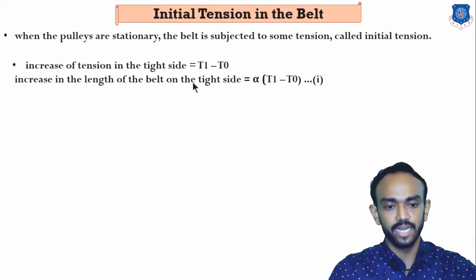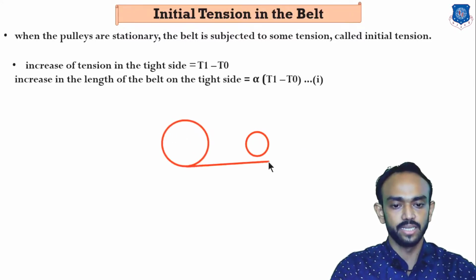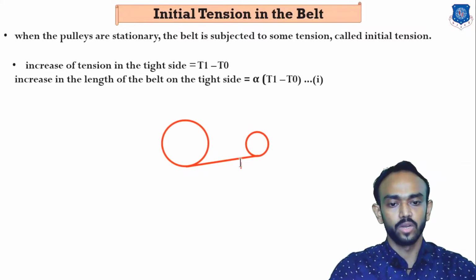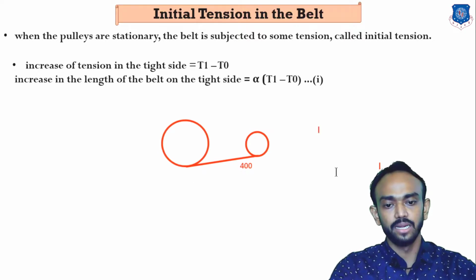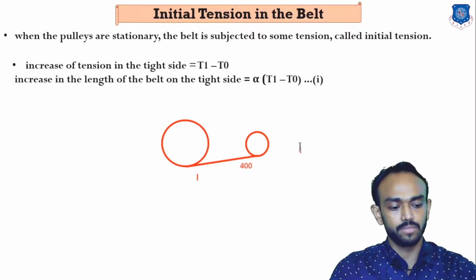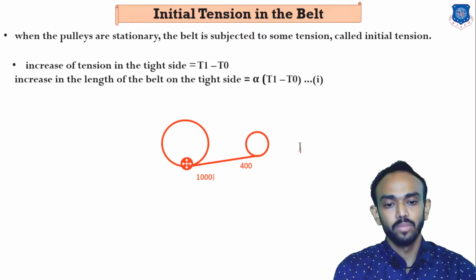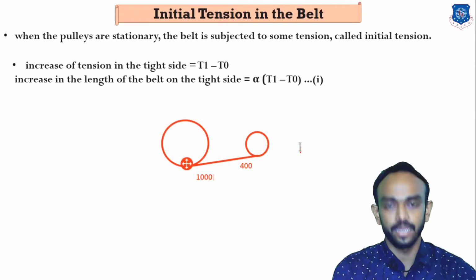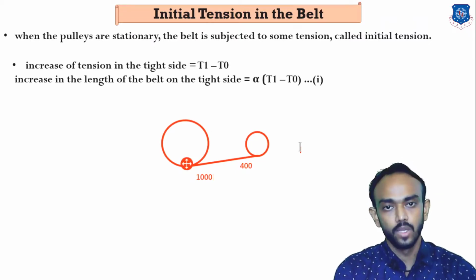For example, with a driven pulley and a driver pulley, say there is an initial tension of 400, and after rotation the tension becomes 1000. The actual increase in tension is 600 only, because 400 was already there.